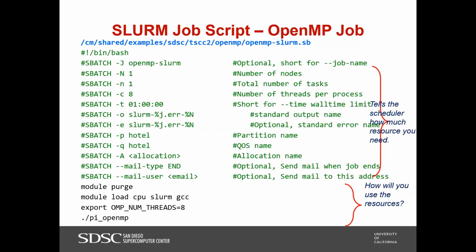The first example is how to submit an OpenMP job. OpenMP job is based on multi-threading. So I have the example scripts saved in the shared examples, SDSC, TSCC2, OpenMP, and the file name is OpenMP-SLURM-SB.